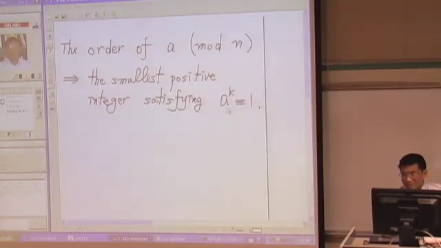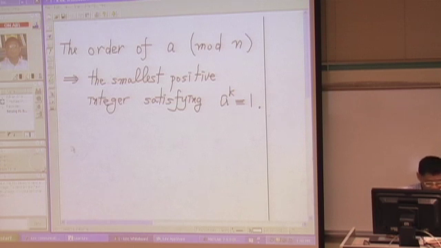...the smallest possible positive integer, then this number k is called the order, and we want to study further about this order. The first property that we proved was Theorem 8.1.